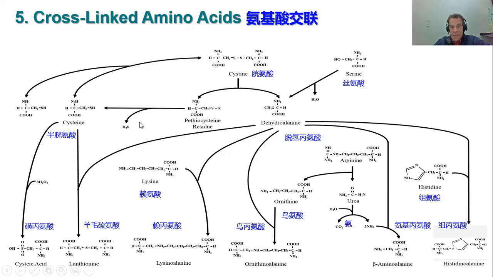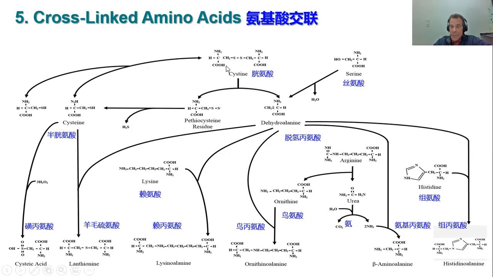So cystine, C-Y-S-T-I-N-E, is a dimer of cysteine, C-Y-S-T-E-I-N-E. Right? It's a dimer of two cysteine molecules. So that's a cross-link amino acid. Why are they created? It's called a disulfide bridge. It actually provides protein with very strong stability.